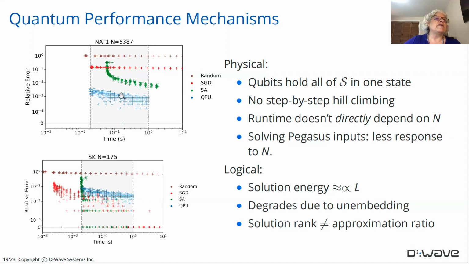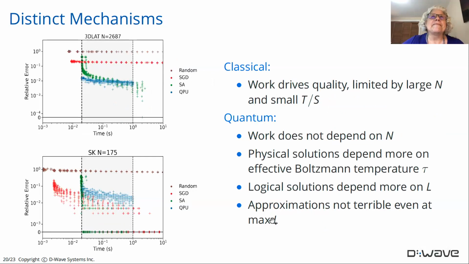And up here, we've got excellent approximation ratios if these were optimal, but of course we don't know what they are. So that's a little side note. I need all the theoreticians in the room to come up with a better performance metric that is preserved across these embeddings and these remappings. And I think it may have to do with rank as opposed to a ratio, is all I'm saying.